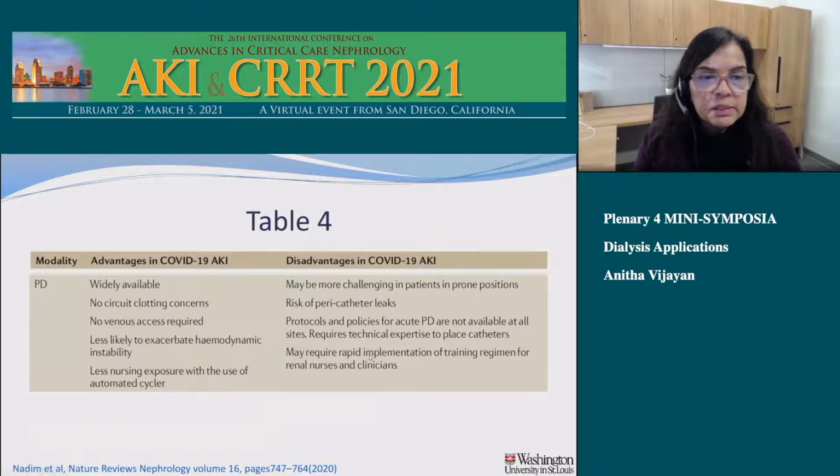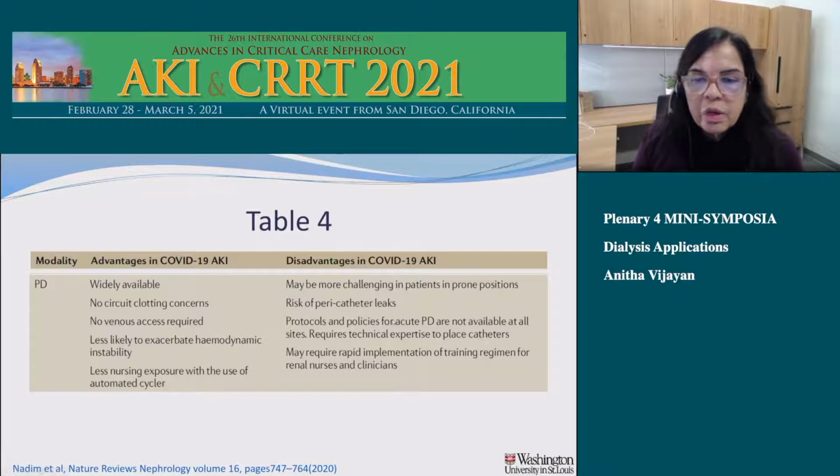Peritoneal dialysis. Across the world, PD is available in resource-poor countries, but usually has not been widely used in adults with acute kidney injury in the US and Europe. So there is a huge learning curve in how to do PD, especially with regards to placing PD catheters in the acute setting.